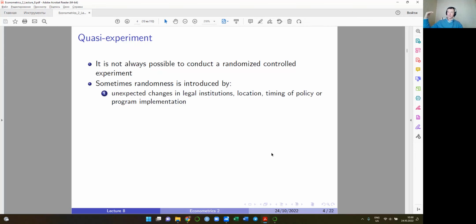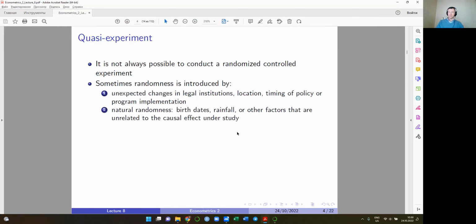If there is an abrupt and unexpected change in the policy, and some units are affected by this policy and some units are not affected by this policy, then if you can logically explain that this change has not been expected, then you can think about this as random.